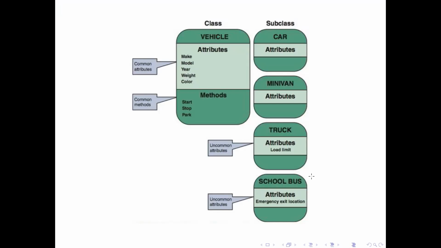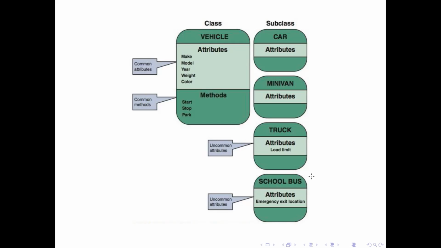You can have car, minivan, truck, school bus. So there are some common attributes. These common attributes mean whatever is in the vehicle will be available for each of these. That means for car, minivan, truck, and school bus.